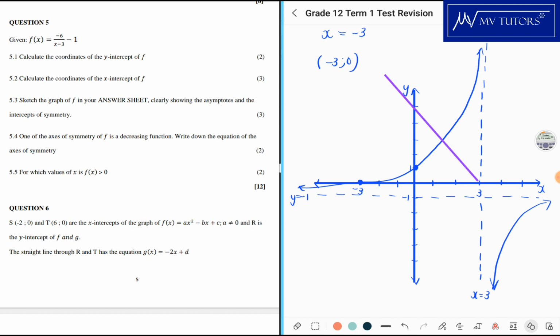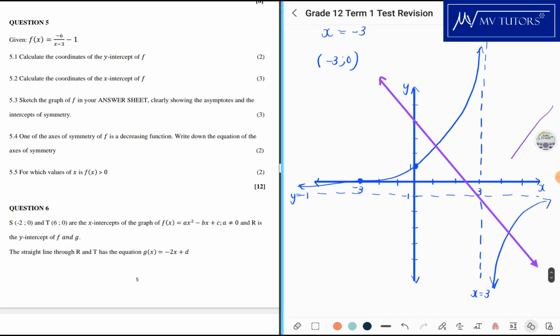It must actually pass here. That's one of them, and the other one has to also pass the middle. Okay, those are your axes of symmetry. So that's basically that. We tried to make it as neat as possible, but I hope you get the gist of it.